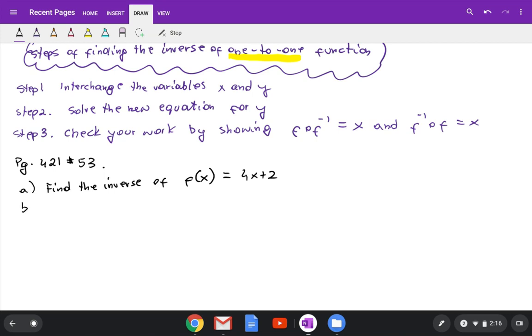And B, they ask you to find the domain and range of f of x and its inverse.